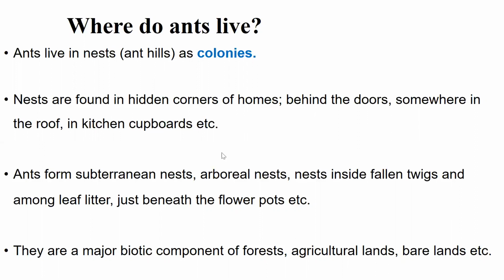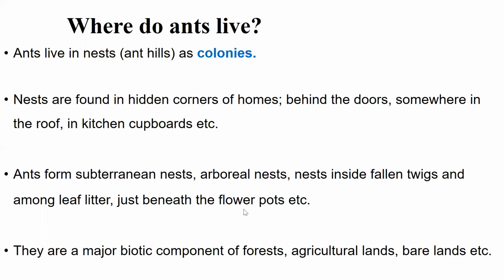Arboreal nests are on the trees, maybe in the tree trunks, or among the leaves. They also nest inside fallen twigs and among leaf litter. If you look closely at any leaf litter, where leaves fall down from trees or plants and get collected beneath the trees, you see many ants moving here and there among the leaf litter.